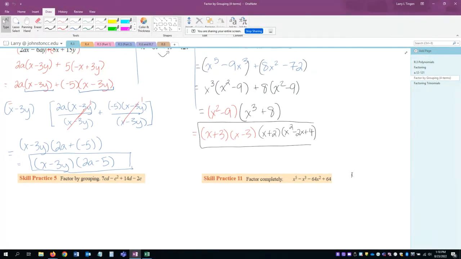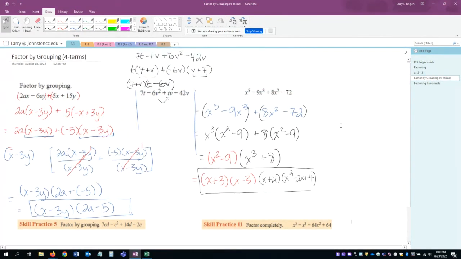What I'll do on my end is I will create some videos of me doing the skill practice problems and then post those. So that way we can still get through the material. We're going to be behind for just a little while, but I'm not worried about it. It's fine. But I just want to make sure we have time to get through everything.